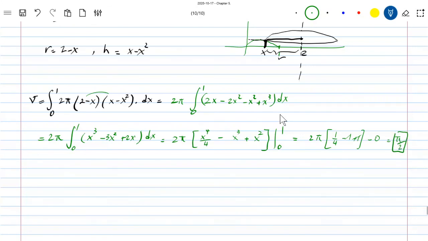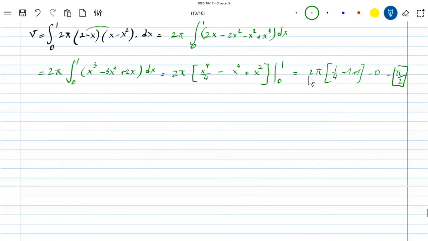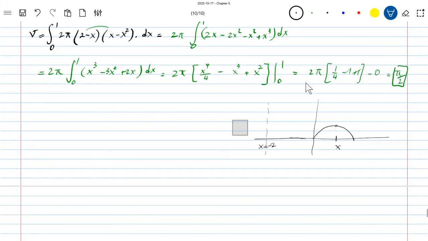And here's the volume. This is the volume created by this rotation about the line x equals 2. Here's one thing: sometimes the line is on the other side. The same question, you had this curve. This is x. If they say rotate this about, let's say, x equals -2 instead of 2, what you get is now this length becomes the radius.